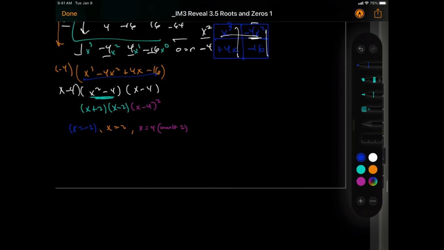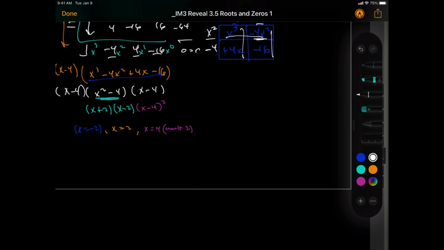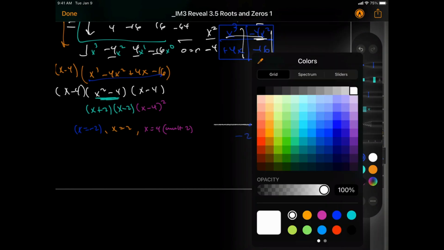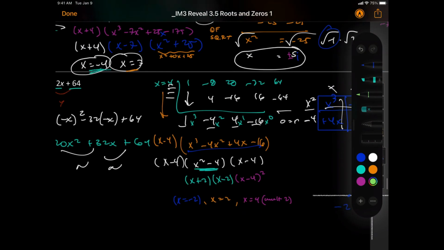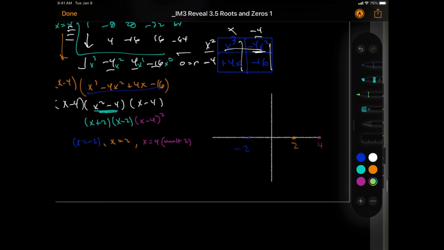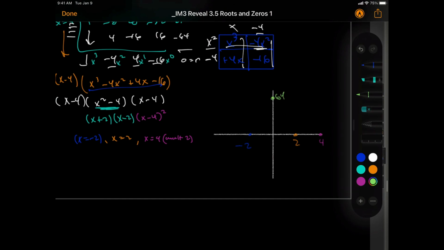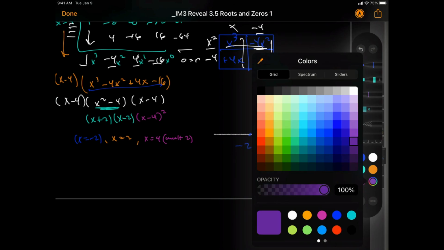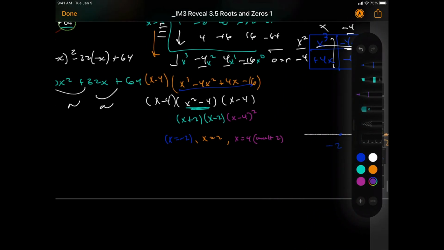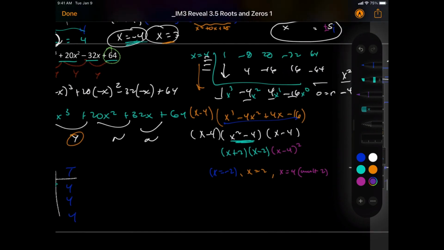Alright, let's do a quick sketch. Okay, x equals 4, x equals 2, x equals a negative 2, and let's go get our y-intercept. Plus 64. And this is to the highest degree is a 4, so it's an even.